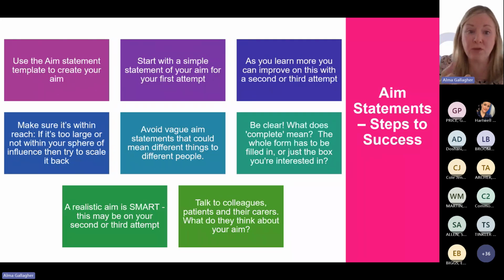Does that mean that the whole form has to be filled in, or just the box that you're interested in if your change idea is a pro forma? And again, I can't emphasize enough that a realistic aim is SMART, but it might take time, and it could be your second or third attempt that really hones that aim statement. But as I said, don't be afraid, and don't be put off by that.